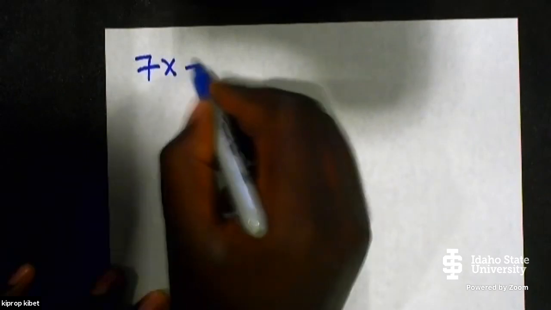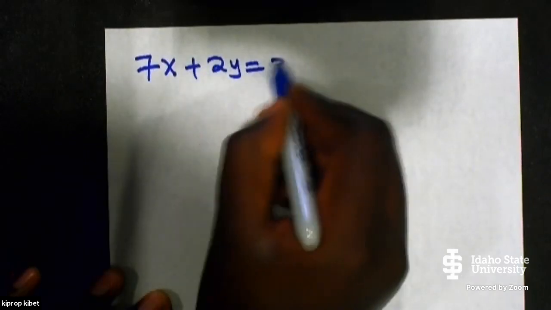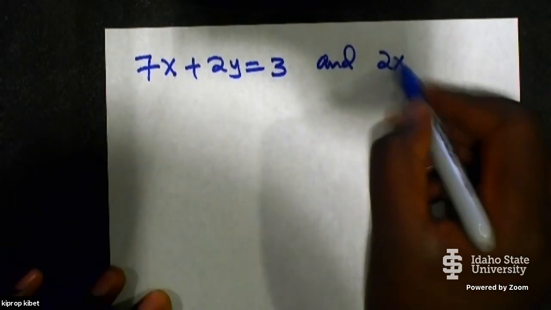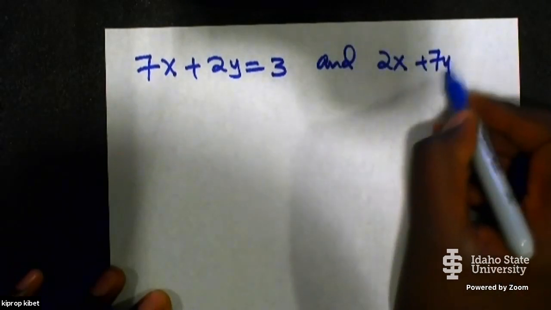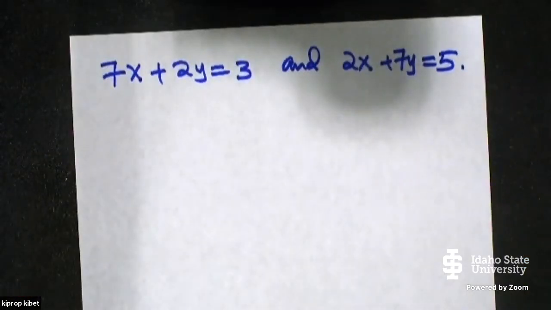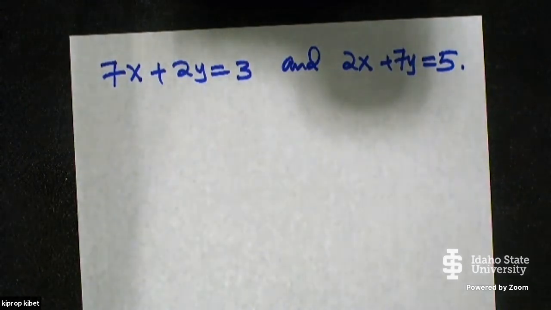Try this one: 7x plus 2y equals 3, and 2x plus 7y equals 5.